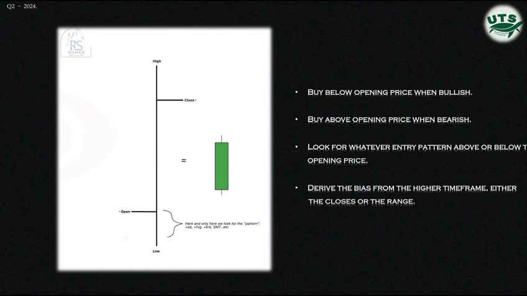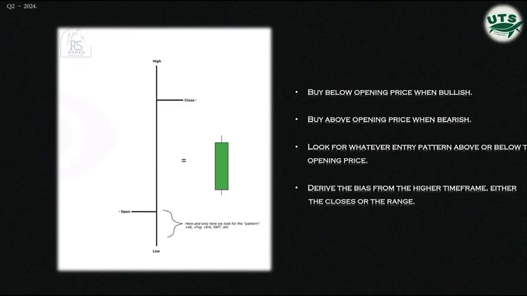Again, in summary, you buy below the opening price when bullish. You look for your pattern here, OB, FVG, breaker, SMT, whatever, right? Over here. And vice versa. This is a bullish candle. So if you're expecting price to go higher because we closed above a candle, then you look for this. Buy below the open.